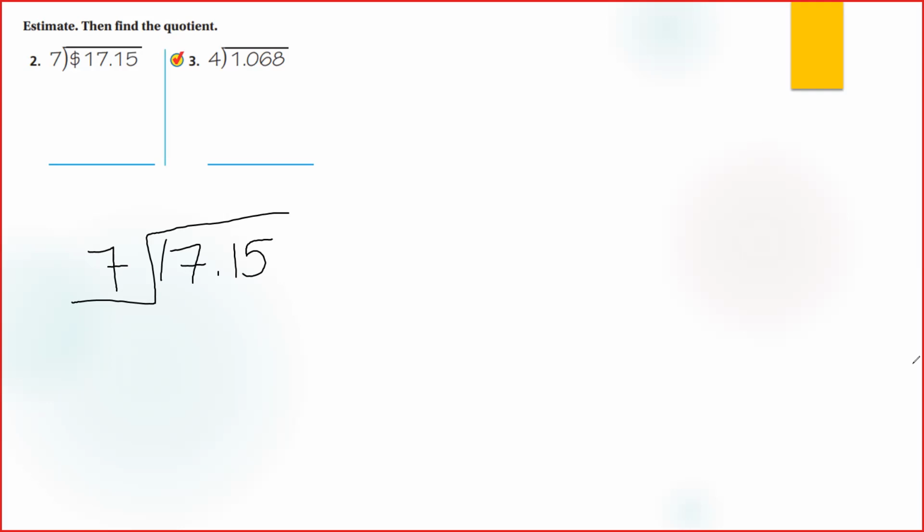So I can estimate it as 14 over 7, which is 2. So now, Rodina, you will start with number 2. 14. Three, not 2.